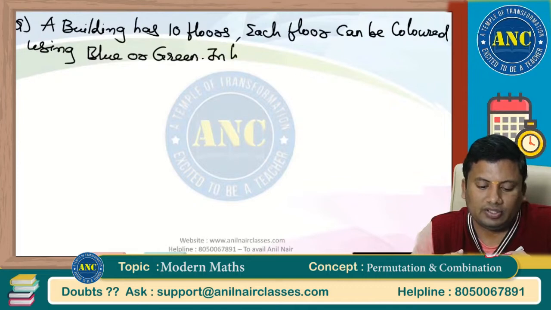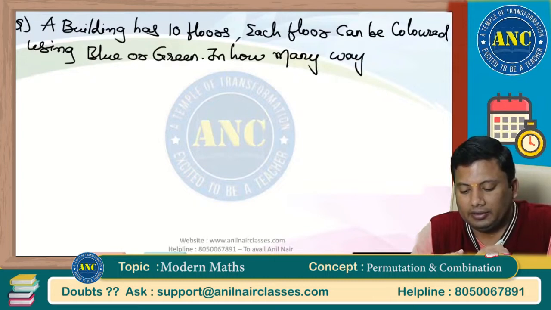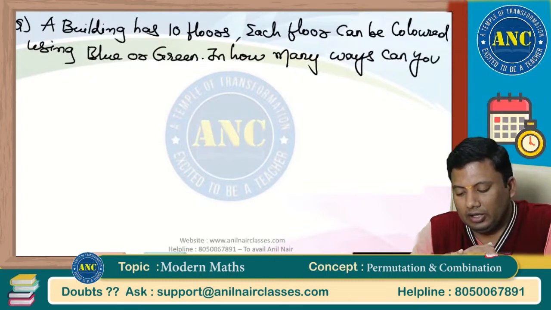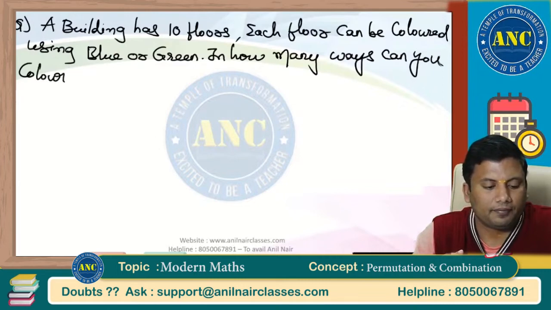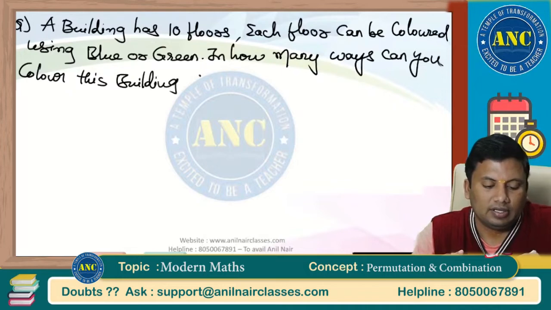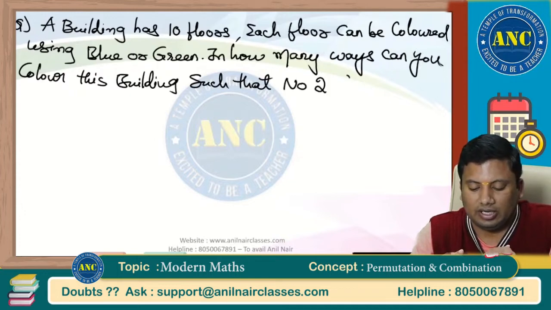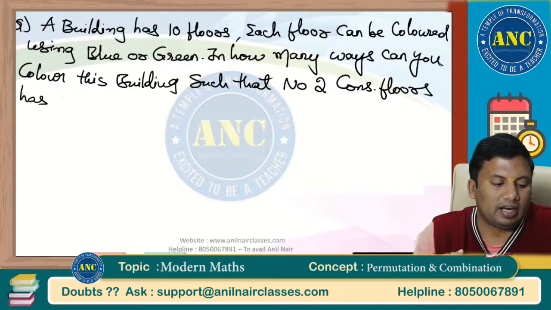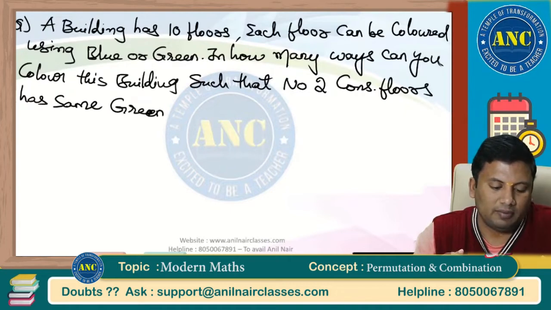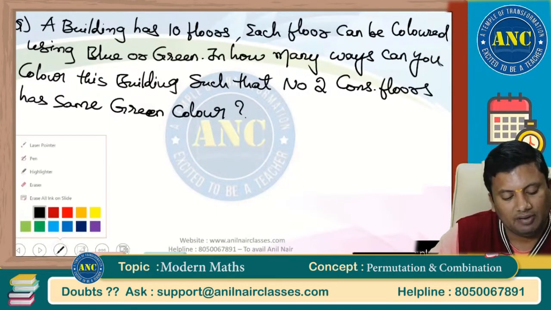In how many ways can you color this building such that no 2 consecutive floors have the same green color? Another variety. No 2 consecutive floors have the same green color. All are easy questions if you understand the concept of Fibonacci series.